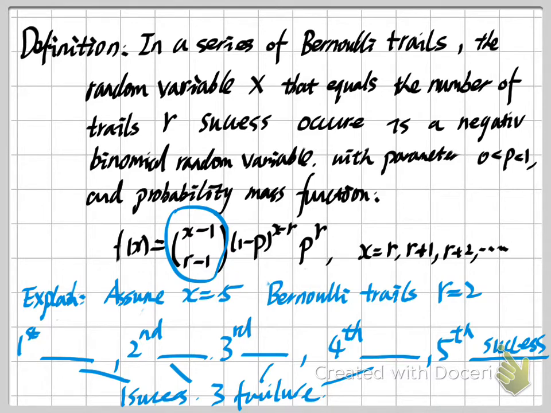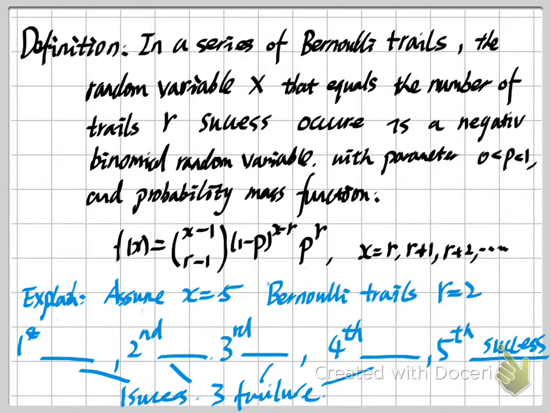Okay, and then one more thing about this PMF of our negative binomial random variable is about the value of our x. Because x is the number of the trials we need to get our success, at least we need to have r trials, right?